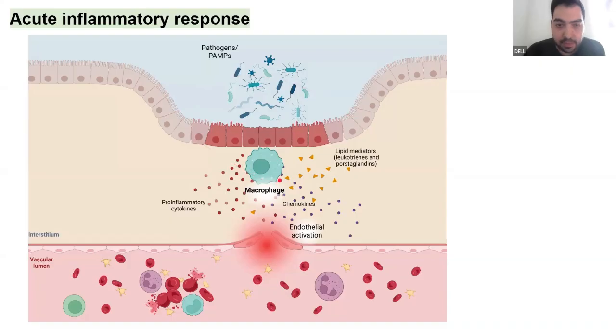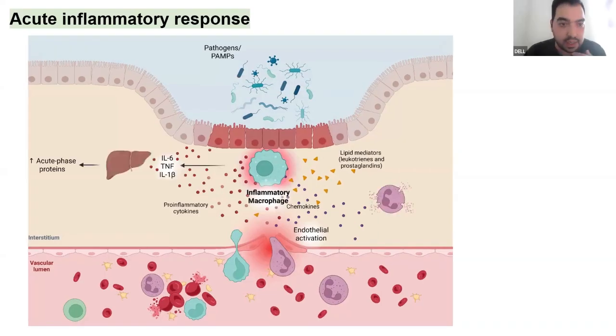So upon pathogen recognition, macrophages rapidly mount an inflammatory program characterized by the production of pro-inflammatory mediators, including cytokines such as IL-6, TNF, and IL-1 beta, among others.